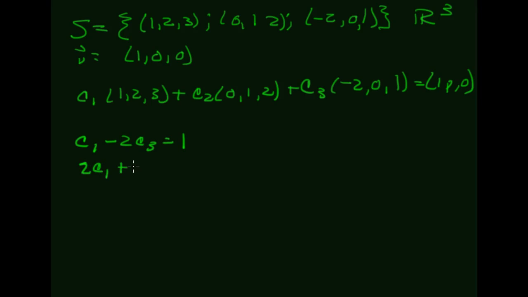2C1 plus C2 should equal 0. And 3C1 plus 2C2 plus C3 should equal 0.